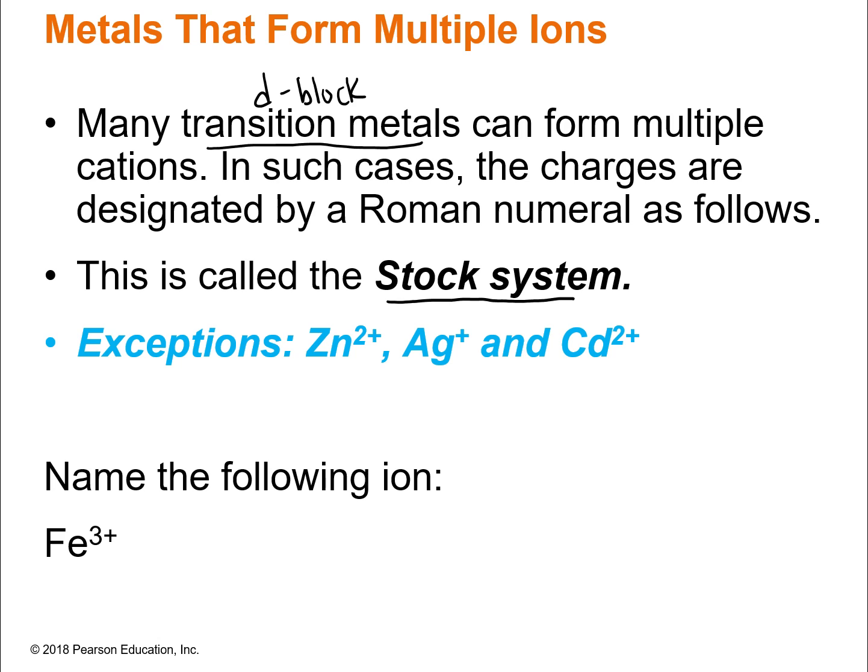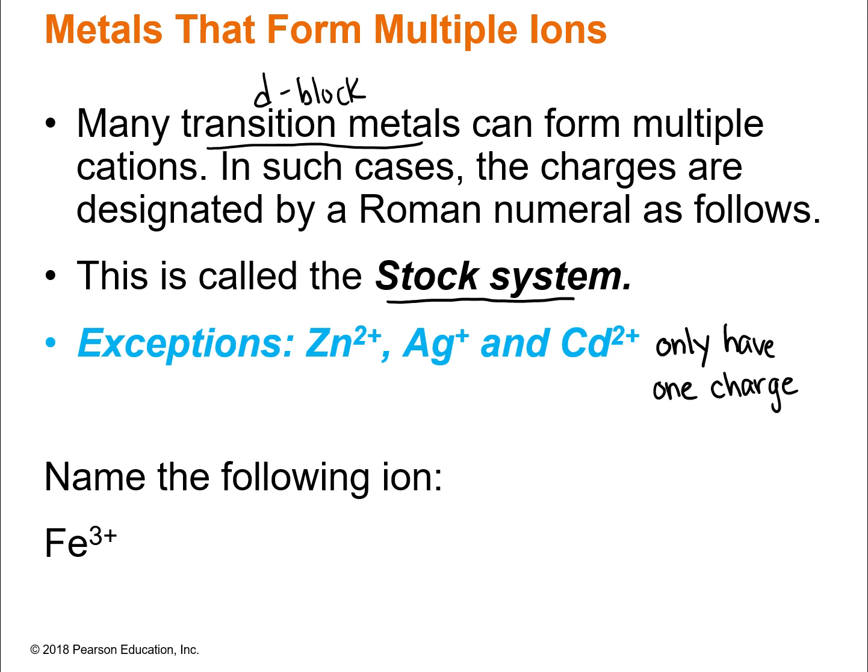You write a Roman numeral after the atom name that tells you what the charge is. There are some exceptions. Zinc, silver, and cadmium only have one charge. Those three are transition metals, but they only have one charge, so you don't have to put their charge in parentheses.